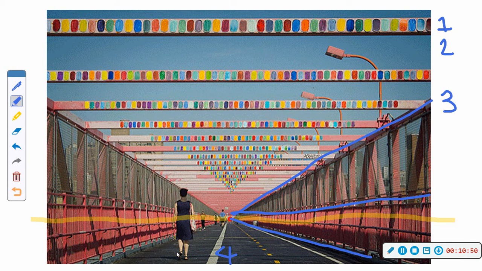And, fun fact, you'll notice their feet are higher and higher up the further back they get. That's because the closer you are to the horizon line, the further in the background you are. And you will also see these lights right here. They're coming down towards the vanishing point, and they are getting smaller and smaller just like the people.